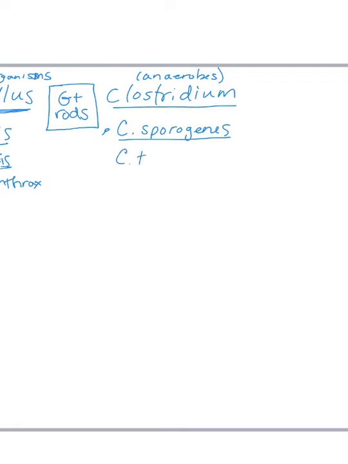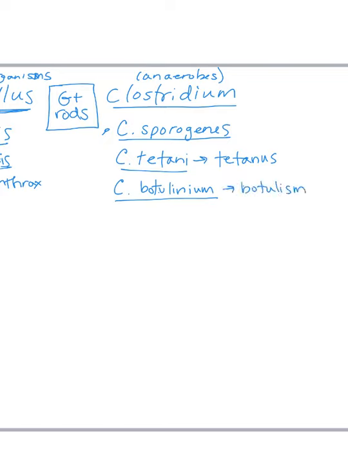Some other interesting ones: Clostridium tetani, the causative agent of tetanus, sometimes called lockjaw, or Clostridium botulinum, the causative agent of botulism. Okay, both are really nasty infections because the Clostridium produce a very potent neurotoxin.